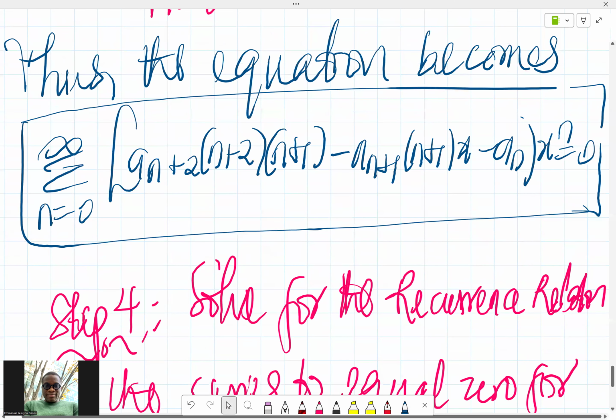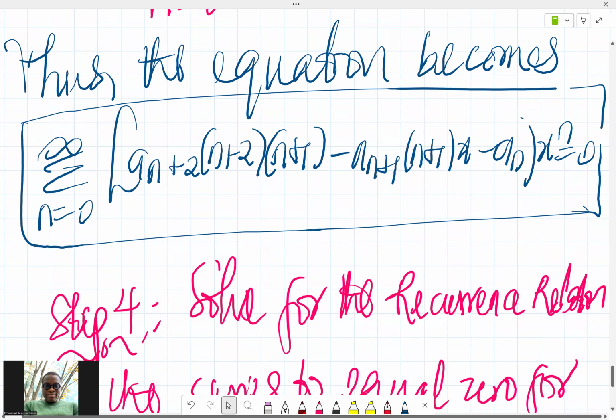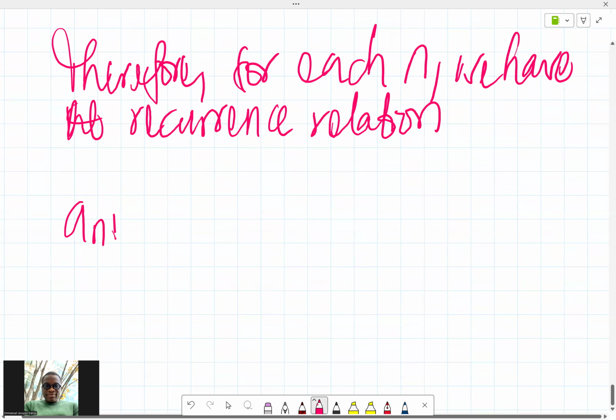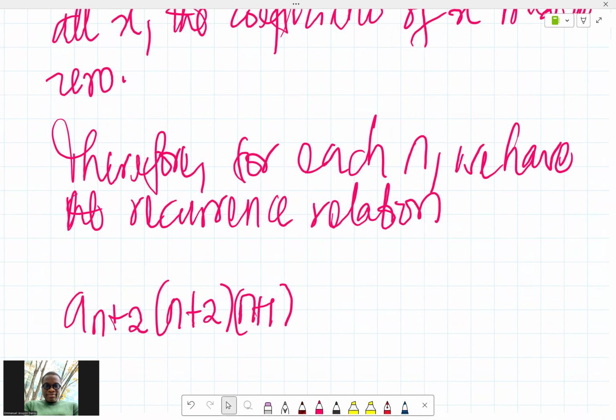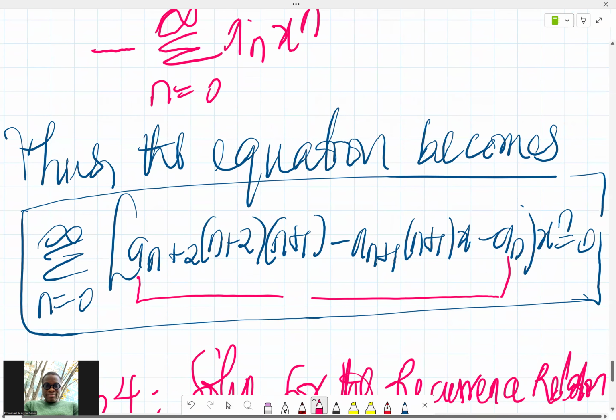An plus 2, n plus 2, n plus 1. All of that should be equal to 0. So we have an plus 2 into n plus 2 into n plus 1. All right, the coefficient alone. What that simply means is that this whole thing should be equal to 0.